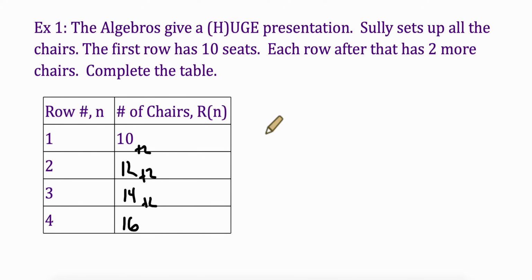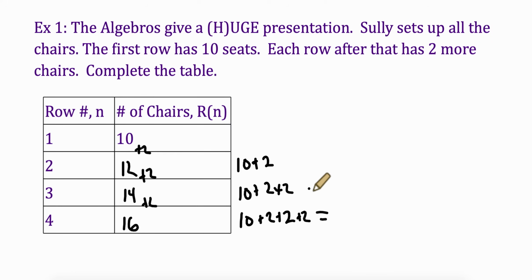Let's rewrite this one. So, let's do this one first. How did I get here? I started with 10, and then I added 2 to that, right? This one I started with 10 here, and then I added 2 twice, right? This one I had 10, and I added 2 3 times.